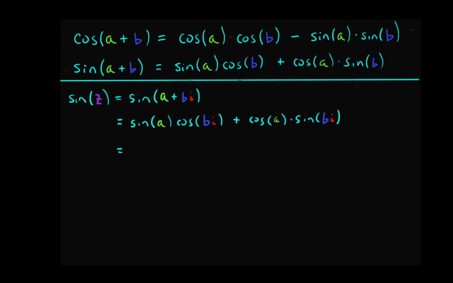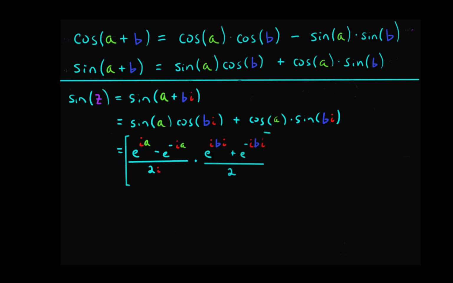And using our definition of the sine in terms of Euler's identity, we would have sine of a equals e to the ia minus e to the negative ia all over 2i times cosine bi, well, that would equal e to the ibi plus e to the minus ibi all over 2.